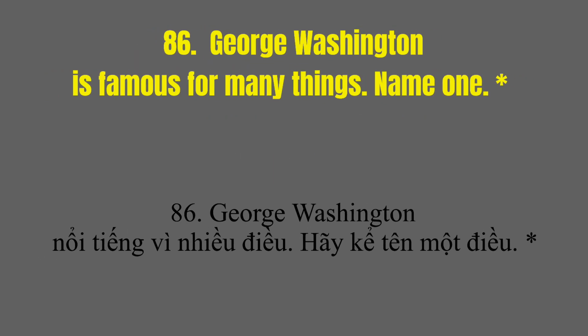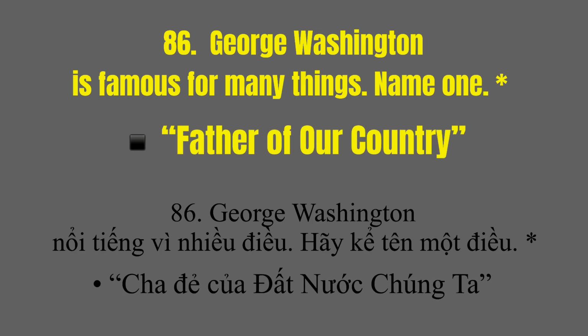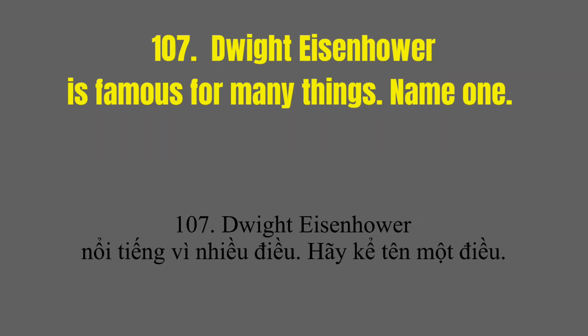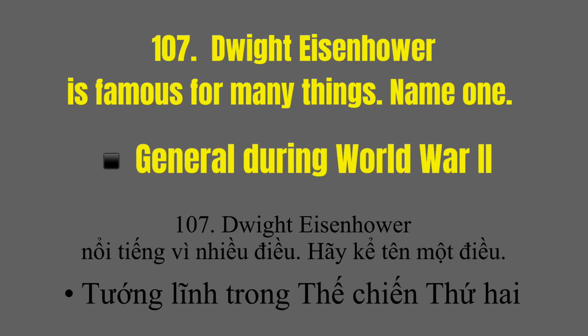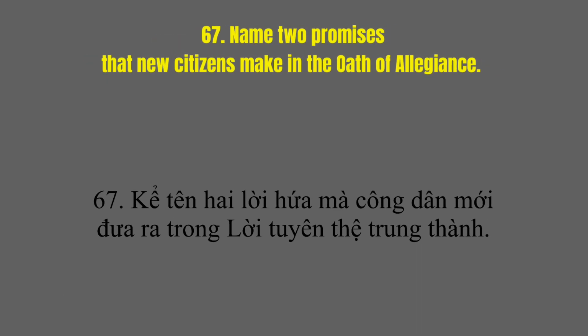George Washington is famous for many things. Name one. Father of our country. Dwight Eisenhower is famous for many things. Name one. General during World War II. Name 2 promises that new citizens make in the oath of allegiance.